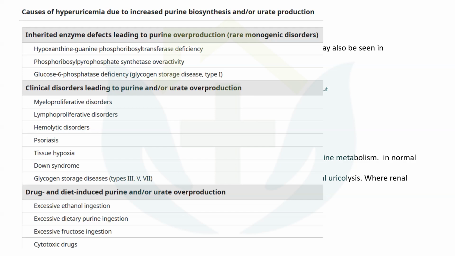This is more about purine metabolites, leading to overproduction of uric acid. Even a dietary intake of more purine-rich food, and those who are taking alcohol, are at risk of a high uric acid level. Next.